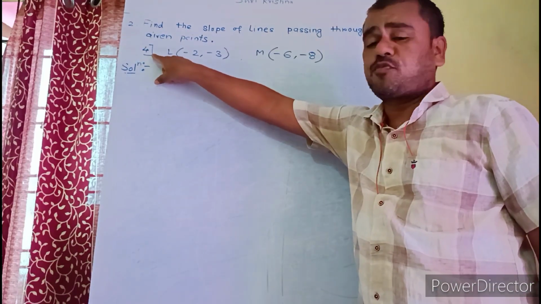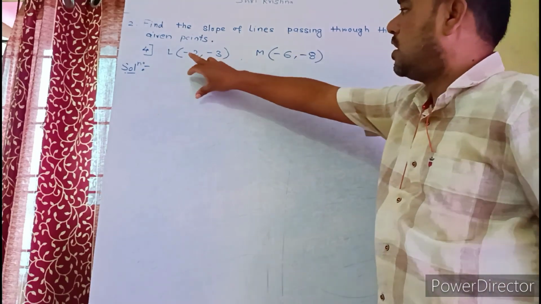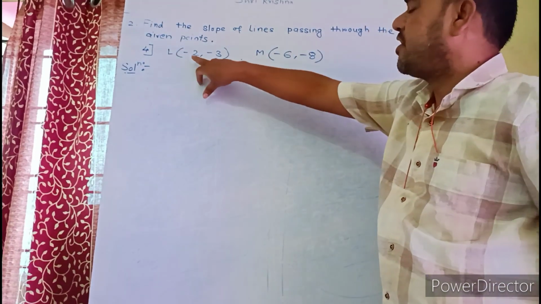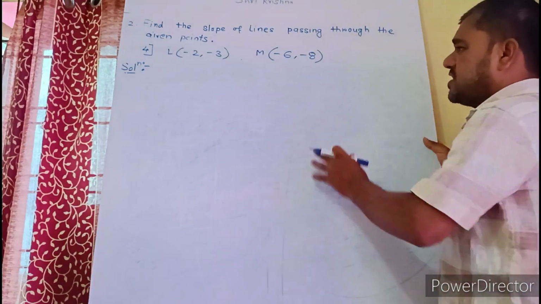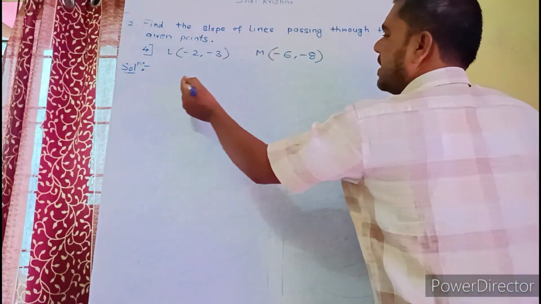Now coming to sub-question 4, which has the points L and M having coordinates (-2, -3) for L and (-6, -8) for M. Then we have to find the slope of the line LM.